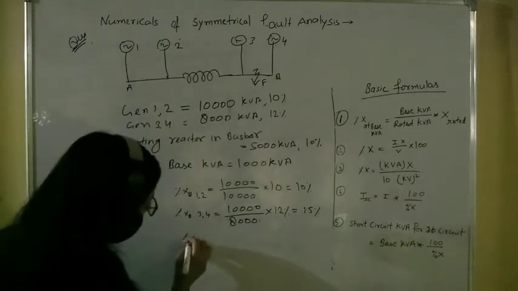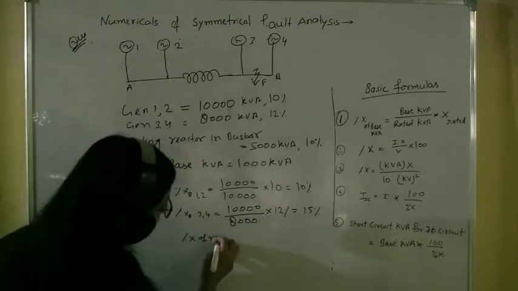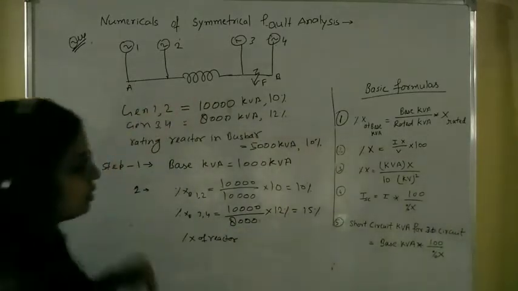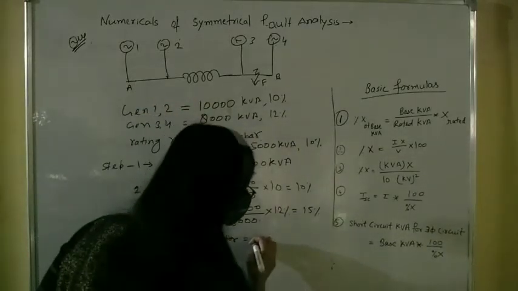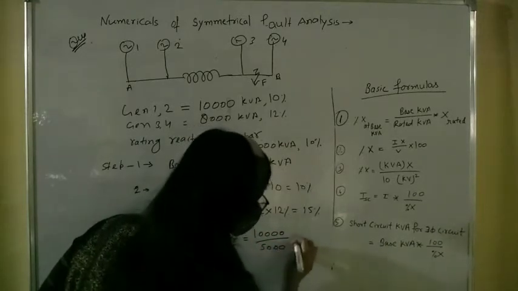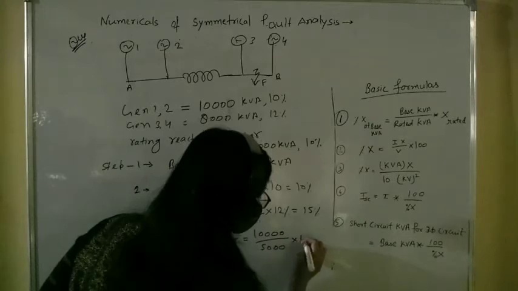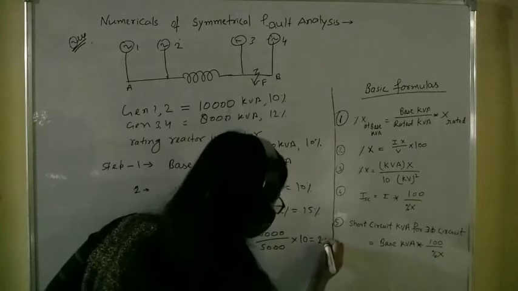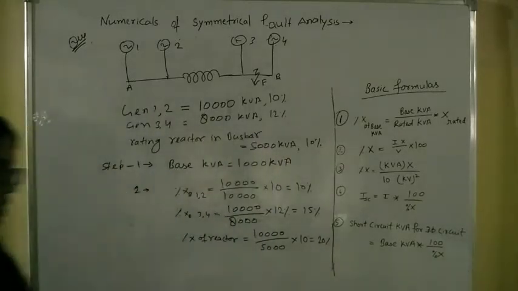Now percentage X of the reactor connected in between the bus bars will be 10,000 divided by 5,000 into 10%, so that we will get this value, that is 20%.